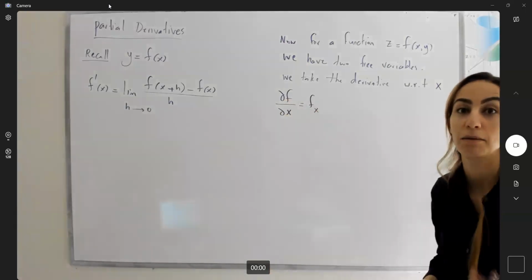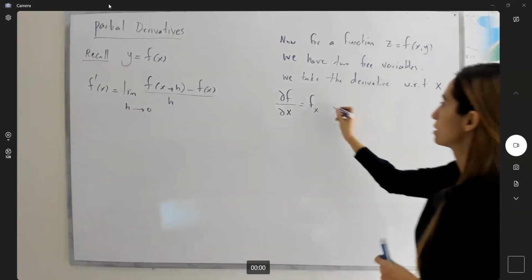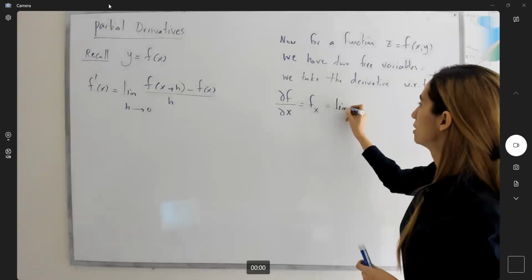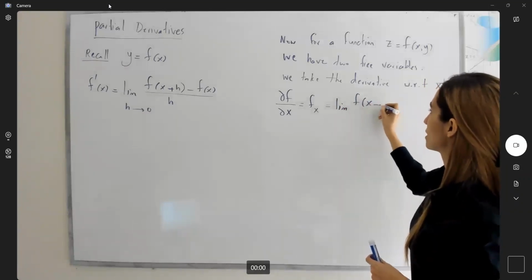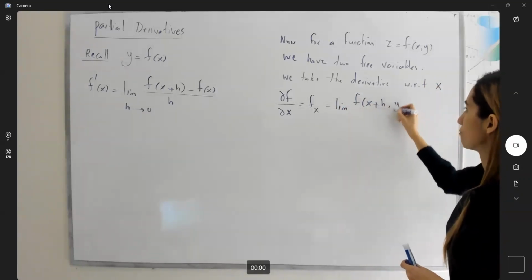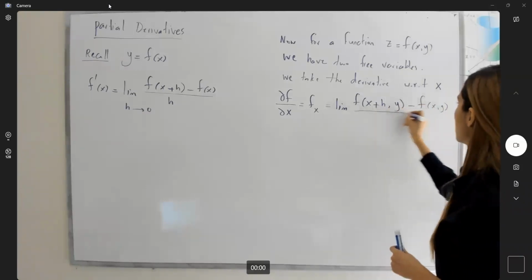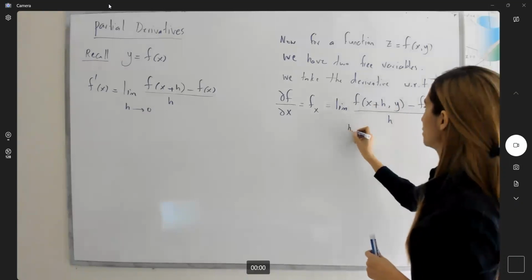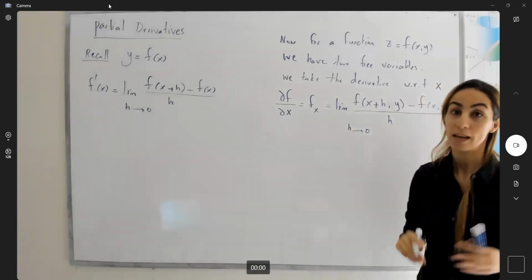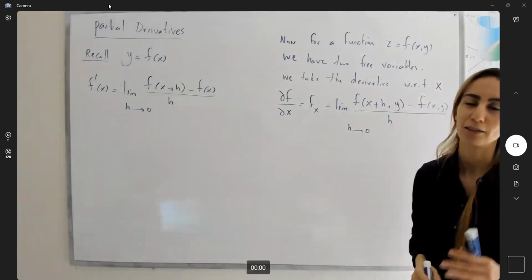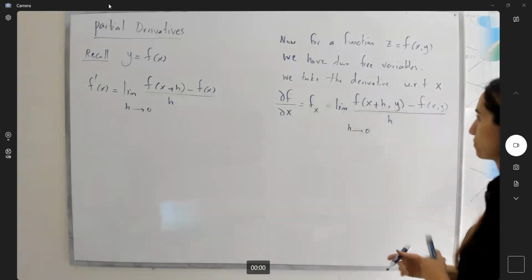Well, it has a limit definition as usual. This is equal to the limit of f of x plus h and y minus f of x and y, divided by h as h goes to 0. And we also have another free variable, y.